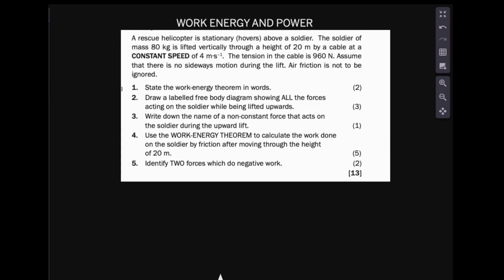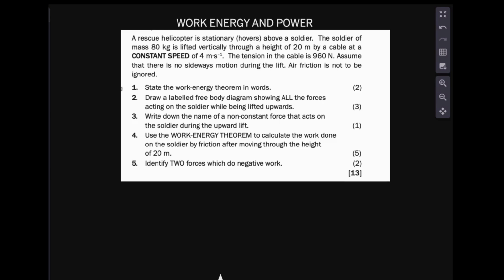Now, a rescue helicopter is stationary and hovers above a soldier. The soldier of mass 80 kg is lifted vertically through a height of 20 meters by a cable at a constant speed of 4 meters per second. The tension in the cable is 960 newton.